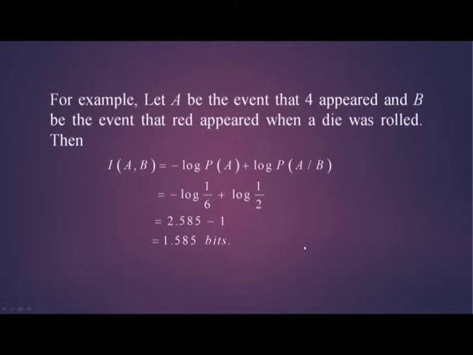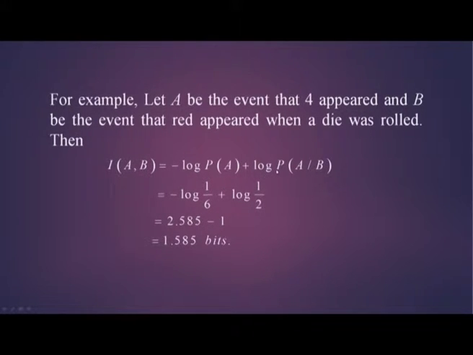Then I(A,B) is equal to minus log probability of A plus log probability of A given B. So, this will be equal to minus log 1/6, because here the event A is that 4 has appeared. There are 6 possibilities 1, 2, 3, 4, 5, 6, among that 4 has occurred with probability 1/6.